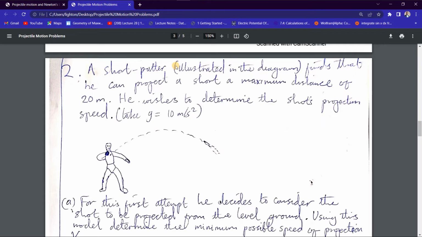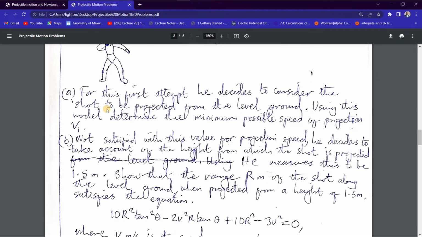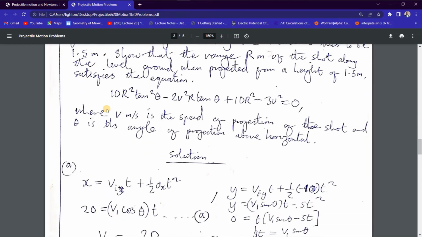So you're saying that you can project a maximum distance of 20 meters. That's why we have 20 there.